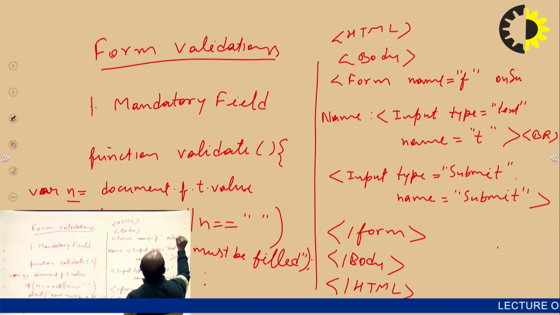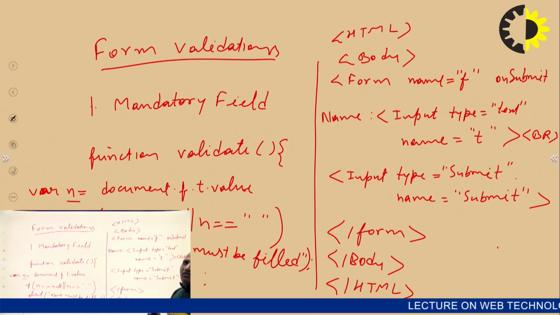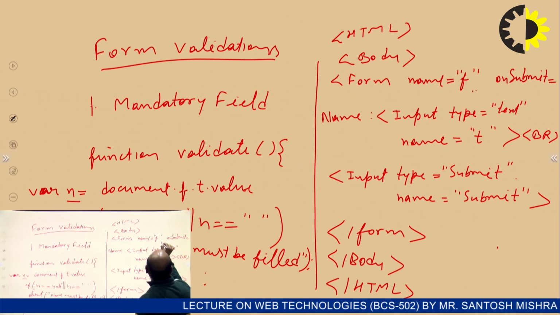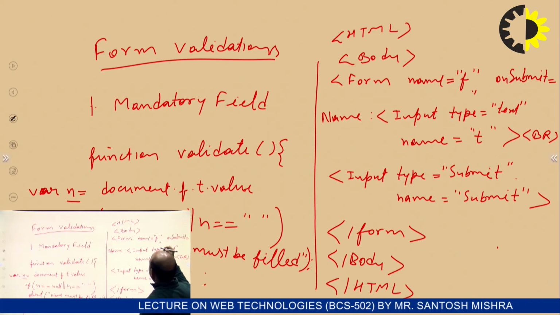Onsubmit means whenever a form is submitted, an event named onsubmit is generated in JavaScript. Onsubmit equals, within this I am calling return validate.